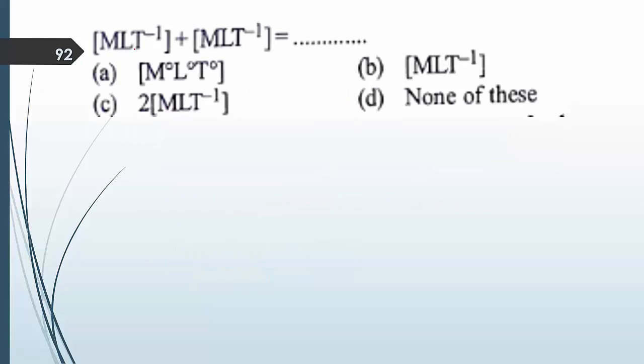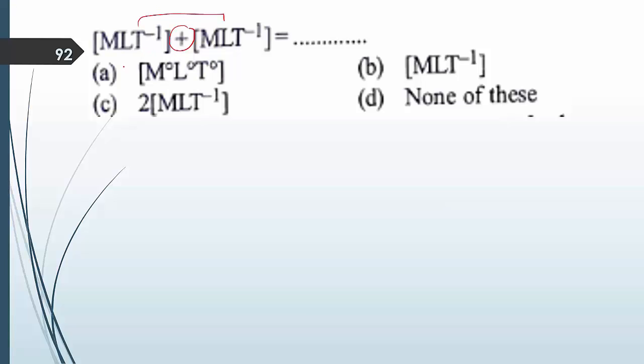Question number 92. m l t raised to minus 1 plus m l t raised to minus 1 is equal to. Here you can observe arithmetic operation is addition and these two quantities are having same dimension. Observe these two quantities m, l, t raised to minus 1. So now you can remember principle of homogeneity.